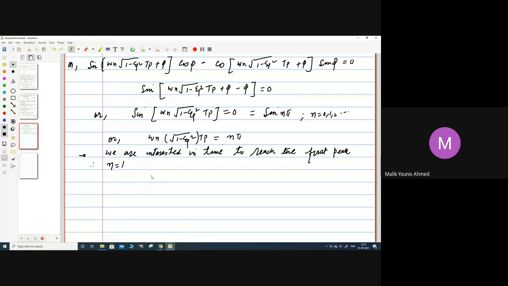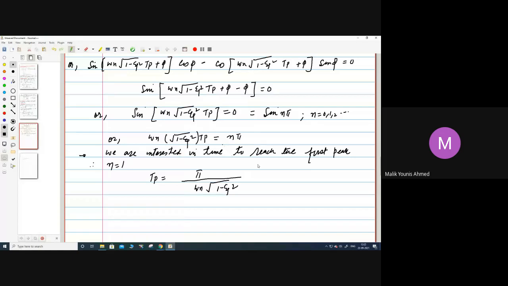So then what will be the Tp? Tp will be equal to pi divided by omega n under root of 1 minus xi square.